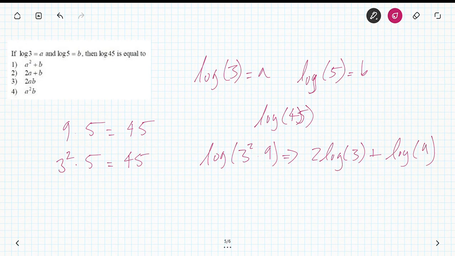Okay, and we know that the log of 3 is a, so we can write 2a plus, oh, this was supposed to be a 5, plus the log of 5, which is b. So that will give us 2a plus b as answer choice number 2. Alright, let's do the last one.